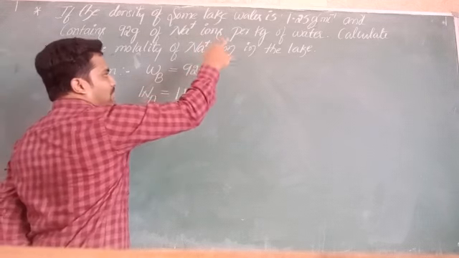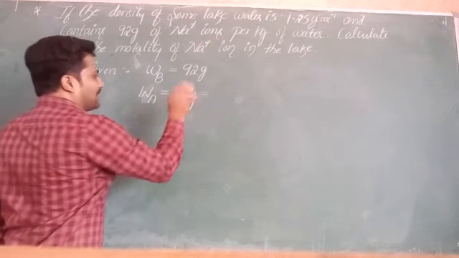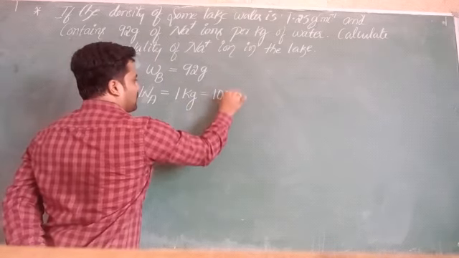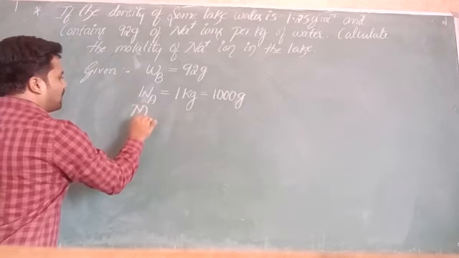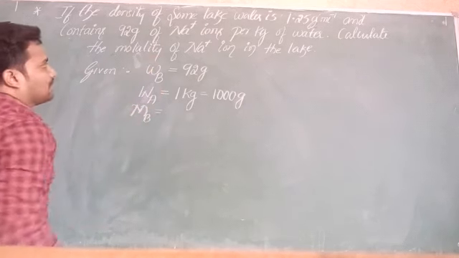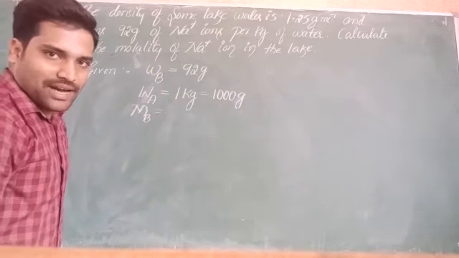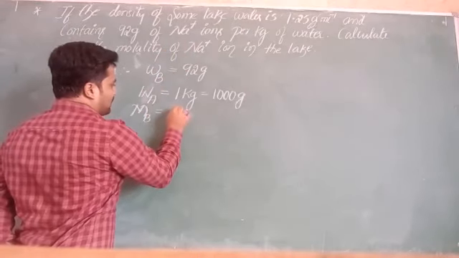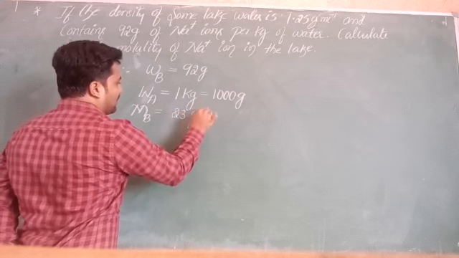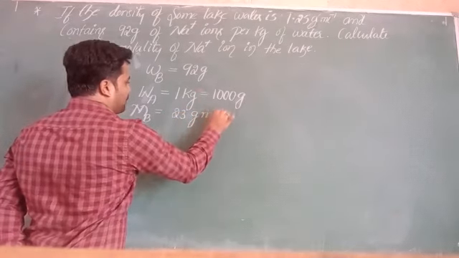Okay, so we need to convert this into grams. So into 1000 means that is 1000 grams, right? Now the molar mass of solute. Here the solute is sodium ions, that is Na plus ions, right? So sodium, its atomic mass is 23 gram per mole, right?